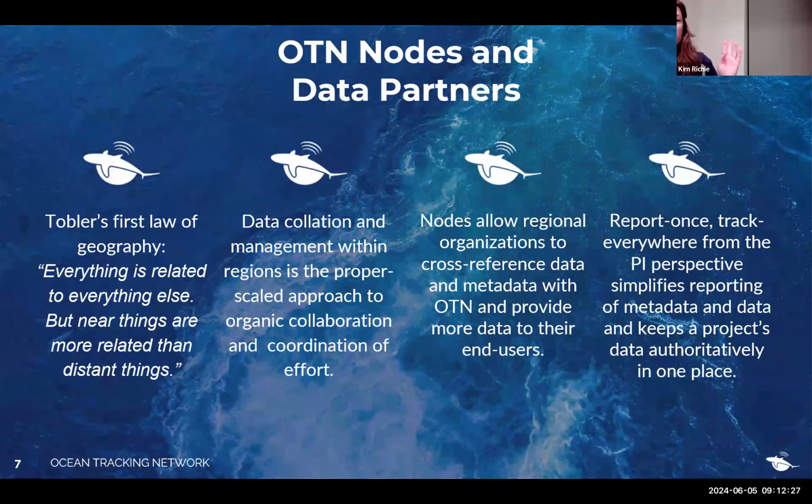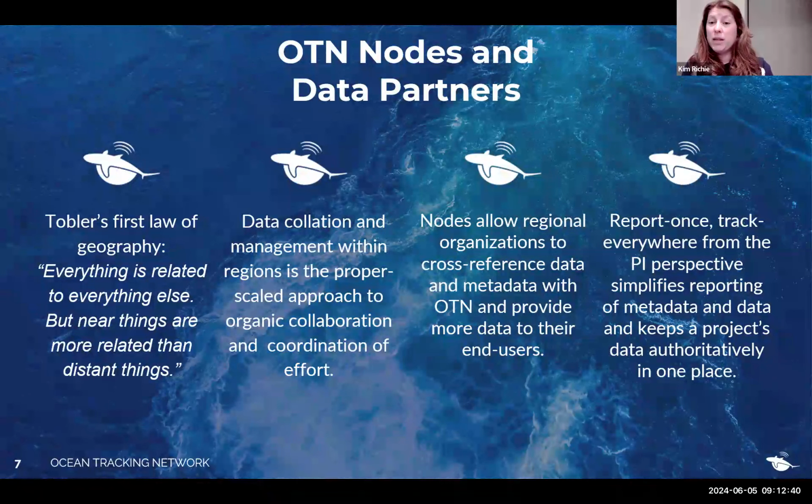So a little bit more just about the nodes. The reason that OTN functions with this node setup is because in the early years, when they started trying to build a global database of biologged animal movement, they quickly learned that everyone is susceptible to Tobler's first law of geography, which is that everything is related to everything else, but near things are more related than distant things.